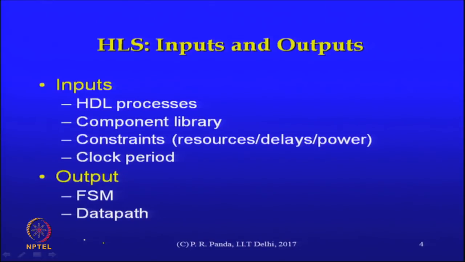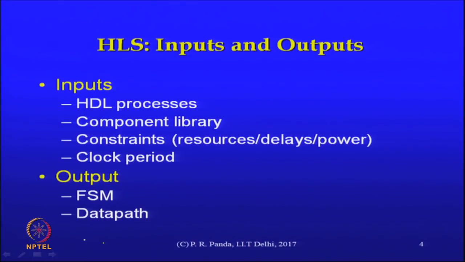So, there is of course an entity, an architecture and a bunch of processes inside that architecture. That HDL that we wrote is the main input to behavioral synthesis. That is the starting point, but ultimately the entire synthesis process has to realize a digital circuit that implements the design that we have specified.